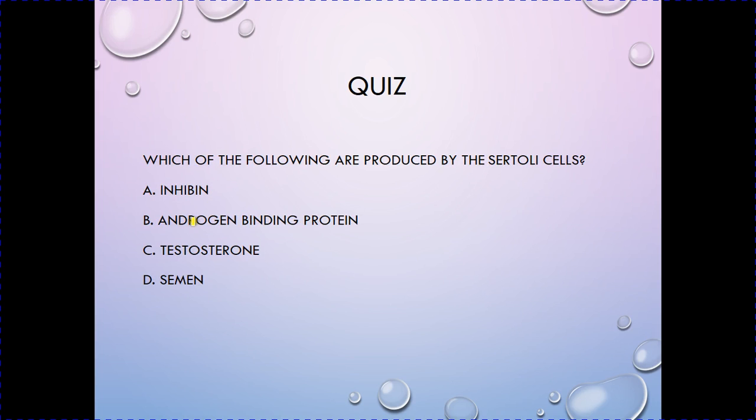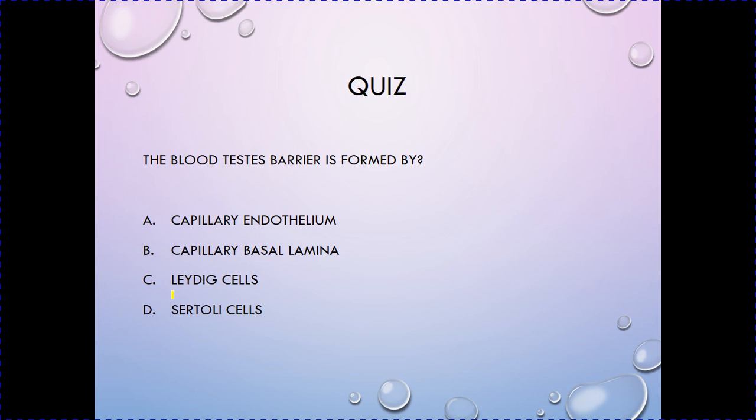Inhibin, androgen binding protein, testosterone, or semen? The blood-testis barrier is formed by which of the following cells? Capillary endothelium, capillary basal lamina, Leydig cells, or the Sertoli cells?